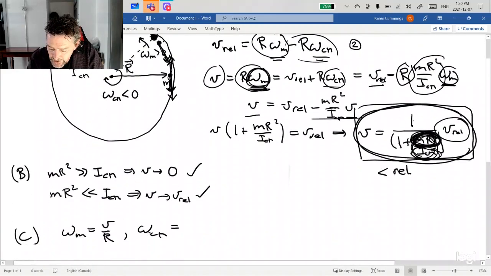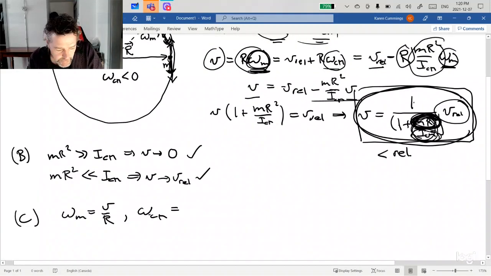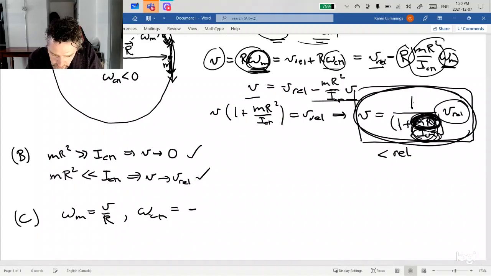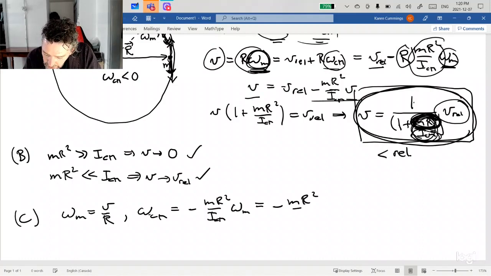And so you get omega Cm is equal to negative mr squared over ICM times omega m. And this is the same thing as negative mr squared over ICM times, what's omega m?